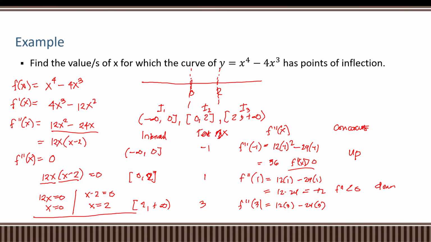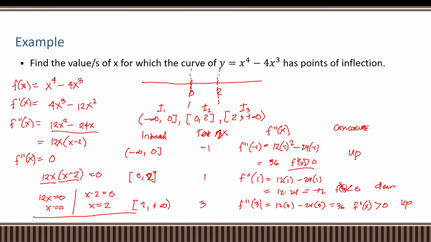So the result is 36, using a calculator. Therefore, the double derivative is greater than 0, so this is concave upward.